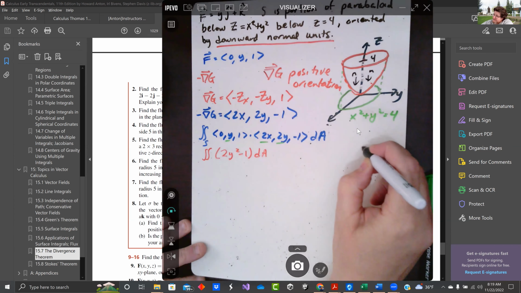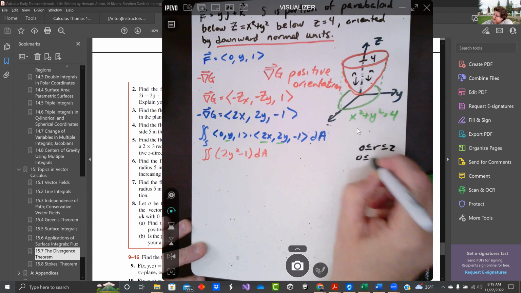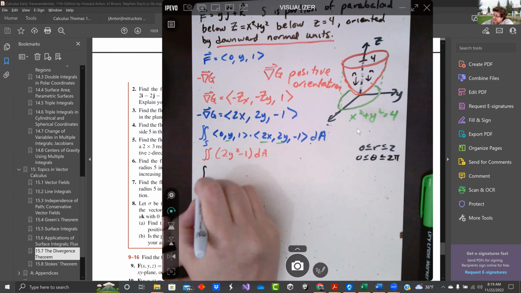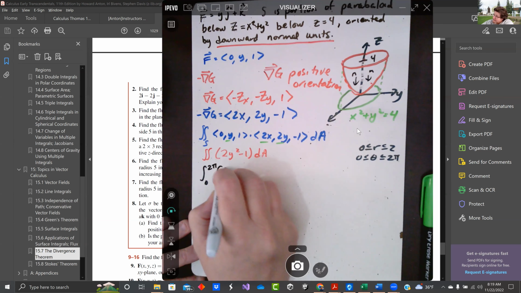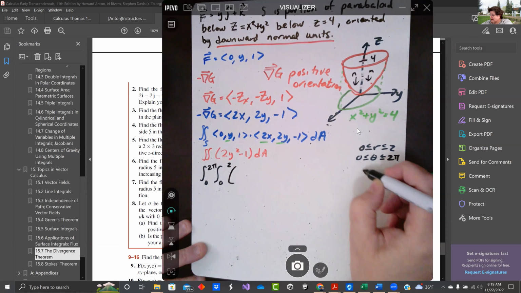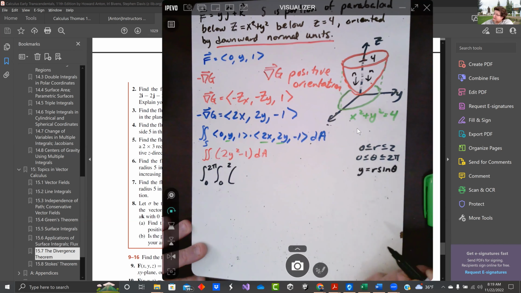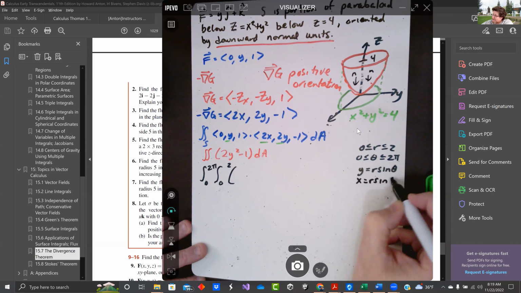In polar, we would have 0 less than r less than 2, 0 less than theta less than 2 pi. And the only thing we got to remember is our conversion: y is r sine theta. And I'll write it, we don't need it here, but x is r cosine theta.